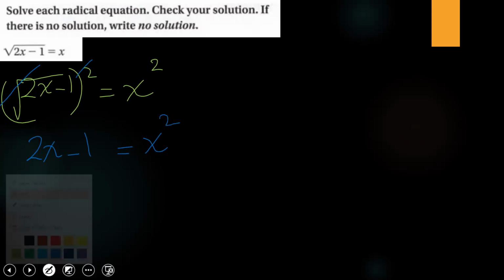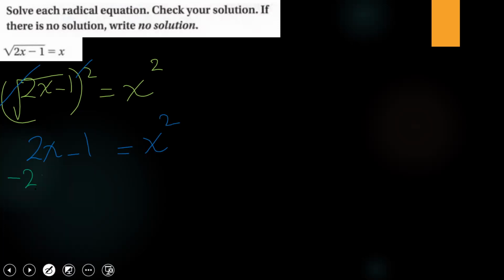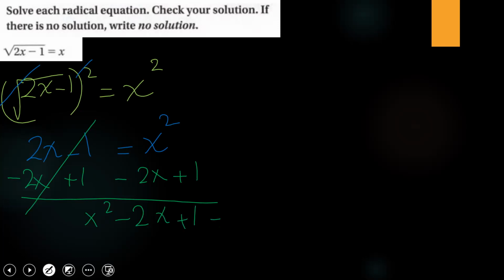So what did I have now? 2x minus 1 equals x squared. Then let's write them on one side like this. So we have x squared minus 2x plus 1 equals 0.